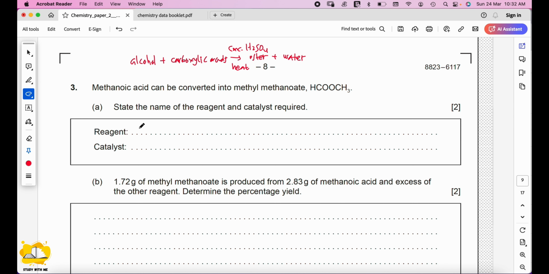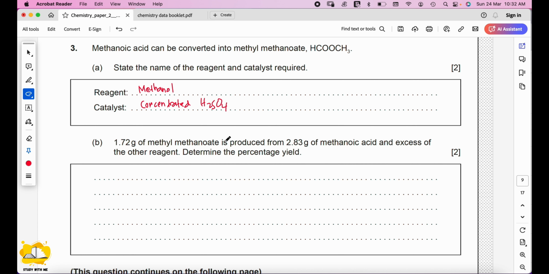Therefore, the answer here will be methanol, because it's methanoate, and the catalyst will be concentrated sulfuric acid.